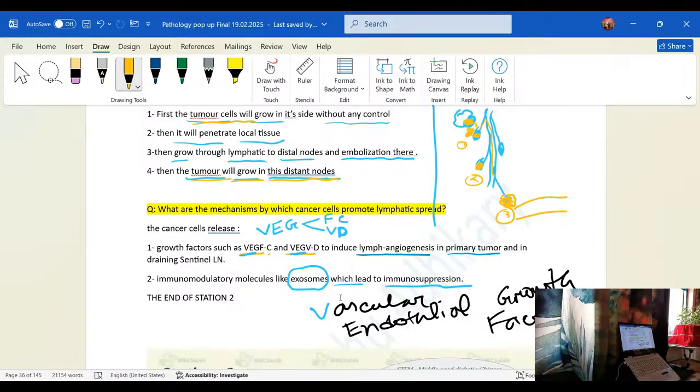They also release immunomodulatory molecules like exosomes, which cause immunosuppression.